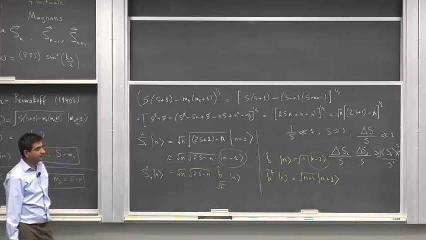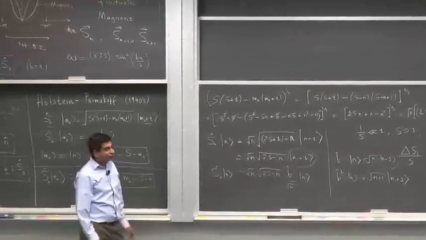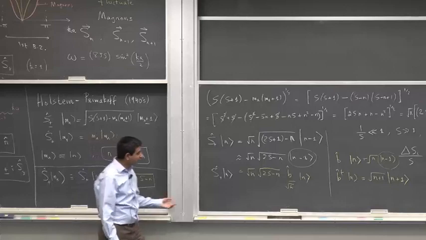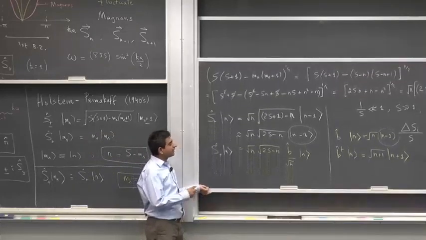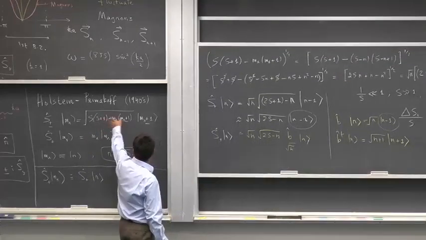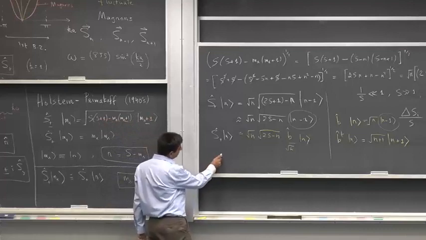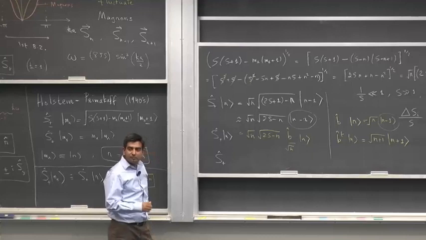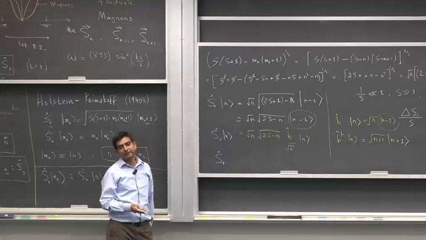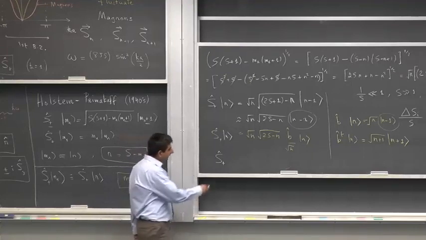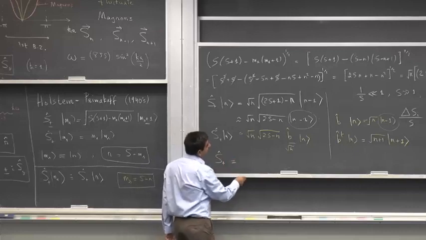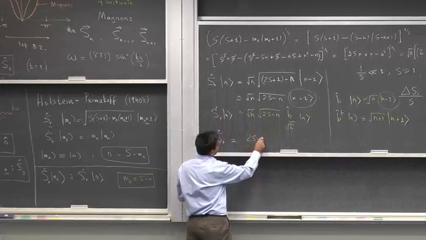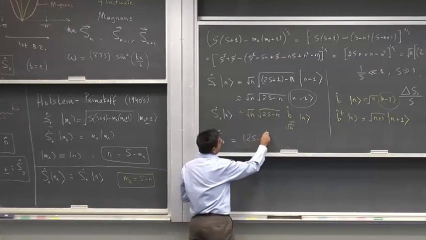So this is a defining relationship, and it's a defining moment in our discussion too, because now we are able to define a transformation, the Holstein-Primakoff transformation, which relates the spin operator to the creation and annihilation operators. And this is now evident that this under root n goes away, and I'm left with (2s minus n) to the power 1/2.